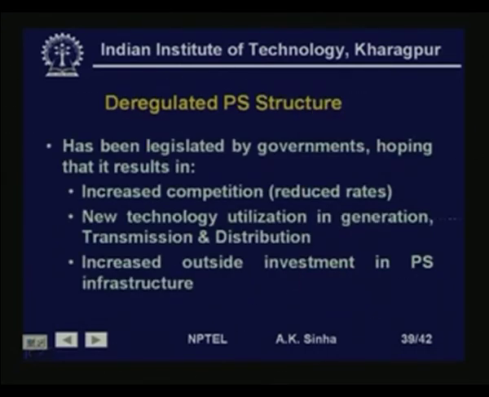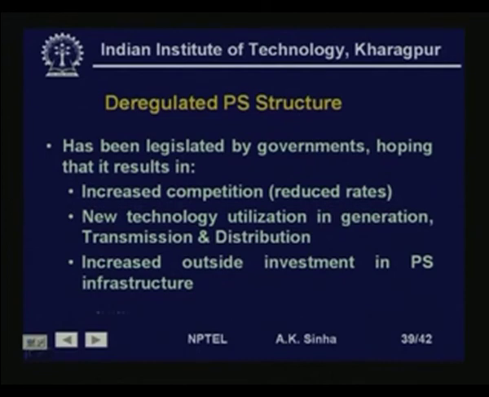Whereas, in the deregulated power system structure, the generation, transmission and distribution parts are unbundled. This is being done to increase competition by making more players come into this business, and with competition it is expected that the tariff will reduce.